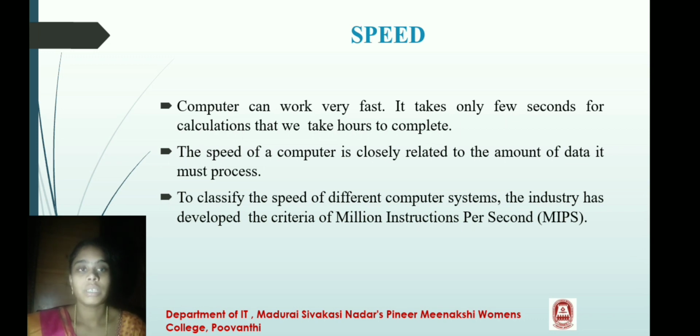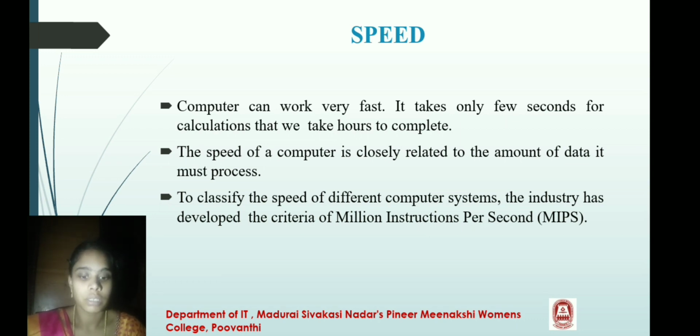Speed. A computer can work very fast. It takes only a few seconds for calculations that take us hours to complete. The speed of a computer is closely related to the amount of data it must process. The computer can process data faster than a human, and the result is also provided faster than a human, whether it is a simple or a complex calculation.